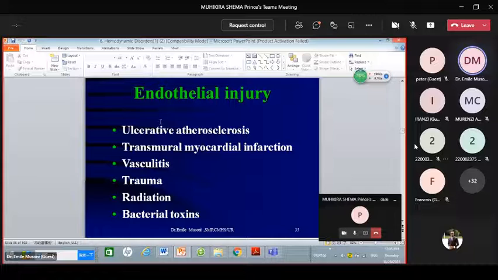So the arterial injury can be caused by ulcerative arteriosclerosis, what we have seen before. Transmural myocardial infarction. We're going to see what the infarction is. Vasculitis, inflammation of the blood vessel, trauma, physical injury. Radiation and bacterial toxin, as we have seen in shock.